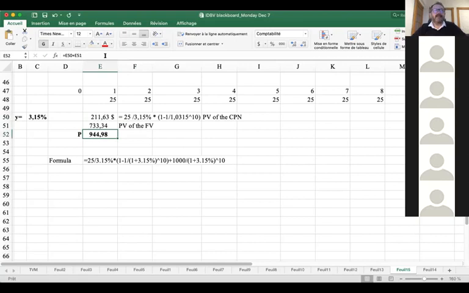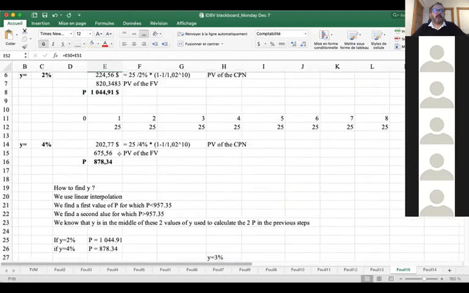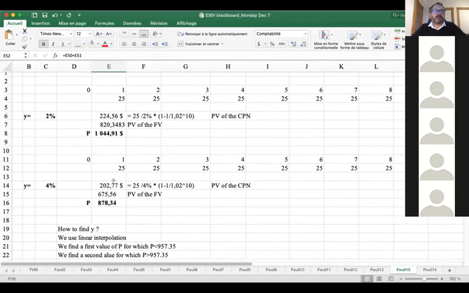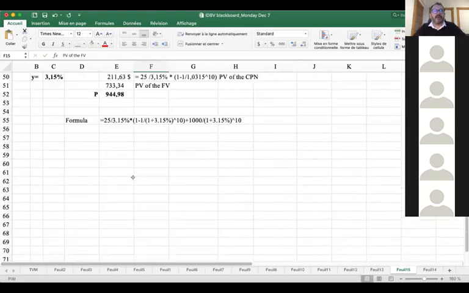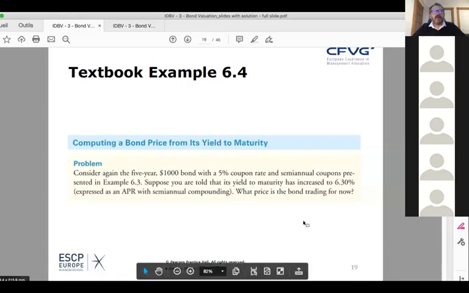We are not surprised to find that the price is going down compared to if the rate is 3%. So it goes from 957 to 944. Okay, so coming back to the slides.